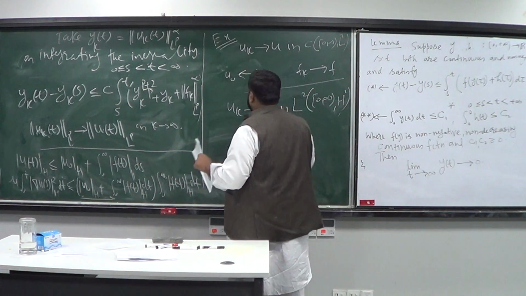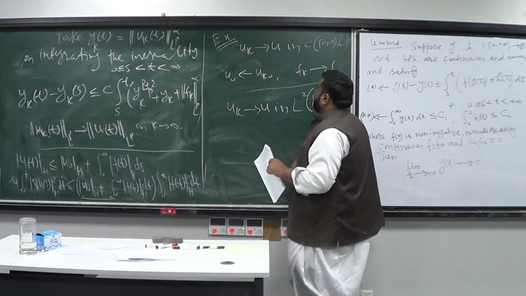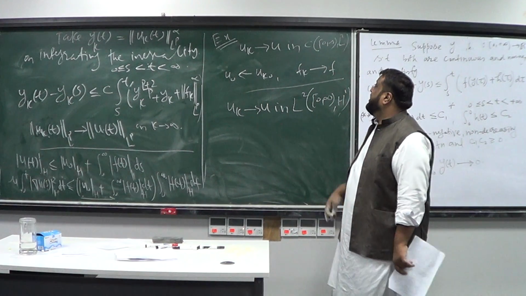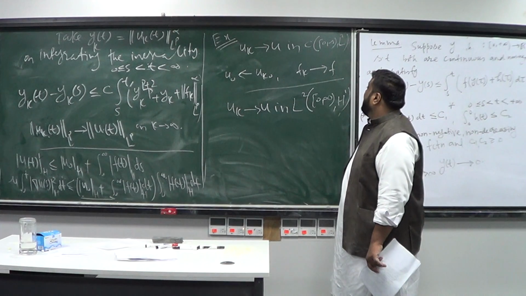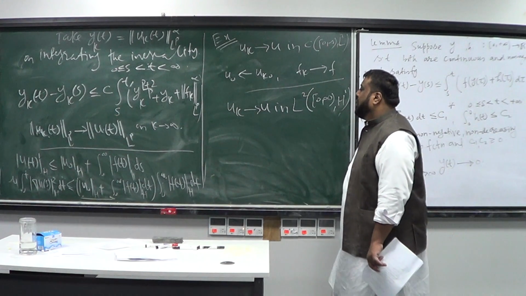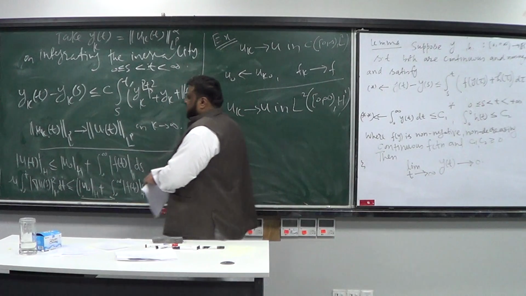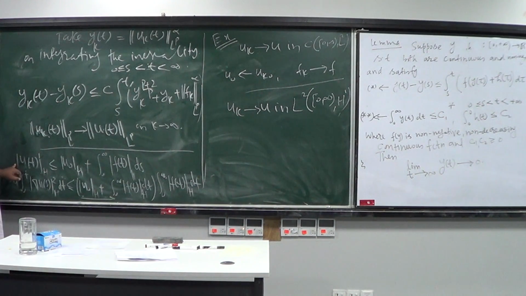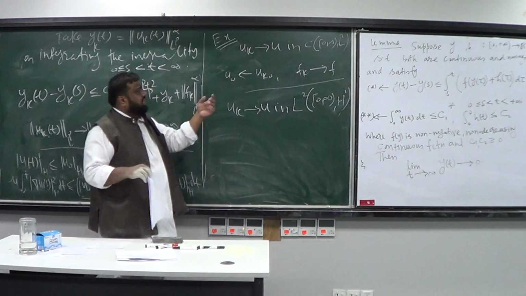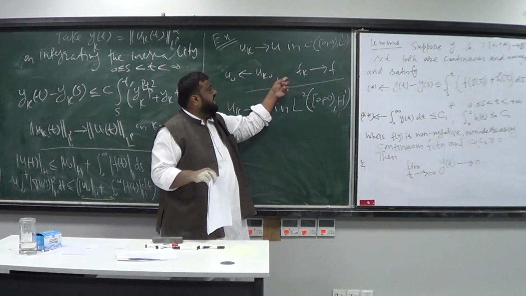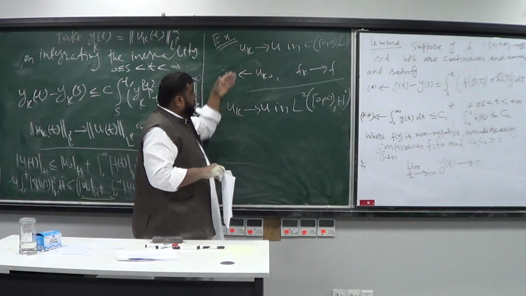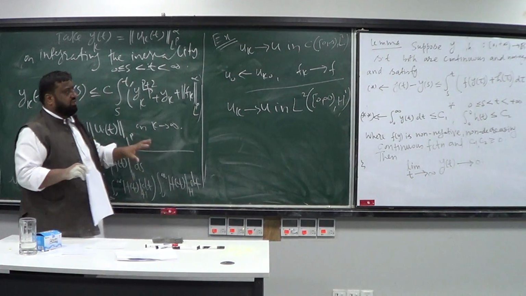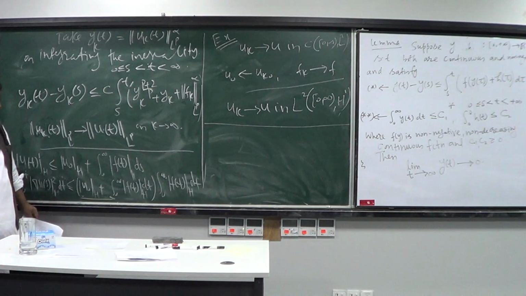So I need to just say what would be the norm on C. The norm on C is going to be the supremum actually. So you need to take the supremum of the u squared on this side, and then integrate that actually. And you need to show that, using the convergence of u naught to u_k naught and f_k to f, try to prove these two actually. So it's a good exercise actually.